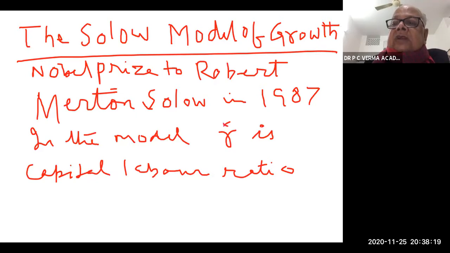R star is the rate of change in capital labor ratio.